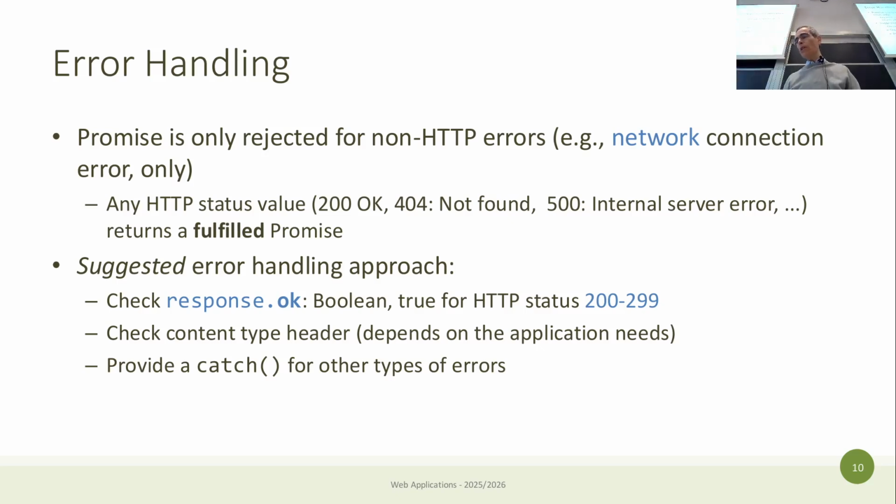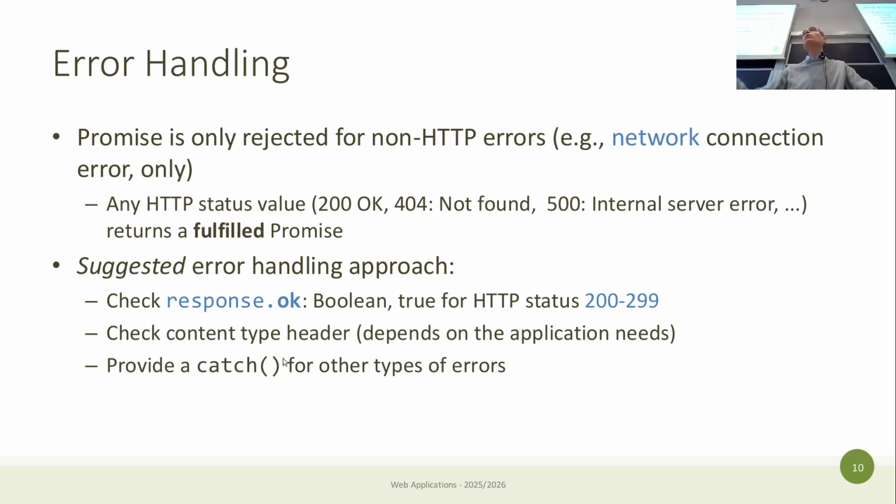If it's not okay, maybe you want to have a look at the status code. You might want to check the content type header. It depends a lot on the application. In our application, it's basically application JSON, so always JSON.